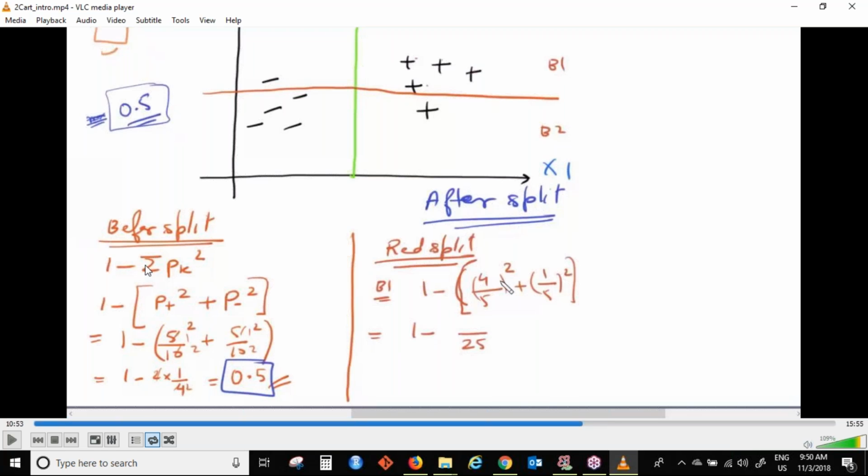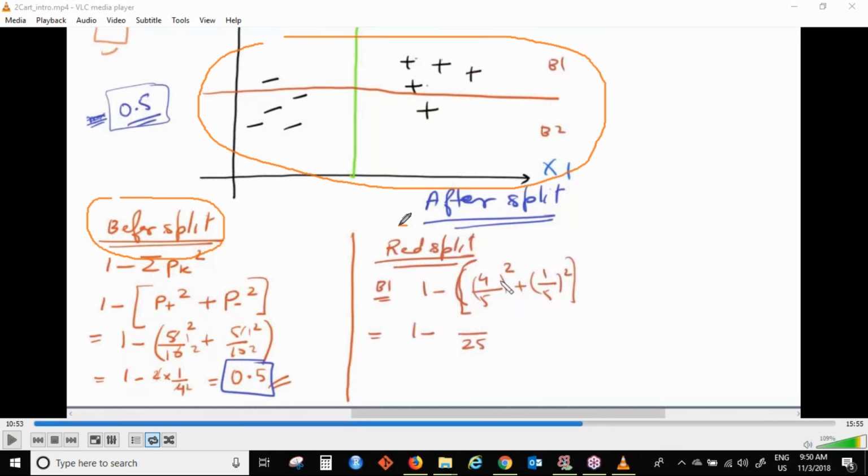This is before split, which means I'll consider all the points. So this portion is before split. Look at this, it is before split. That means all the points I will consider. But this is after split. Look at this heading, this is after split. So that means only B1.